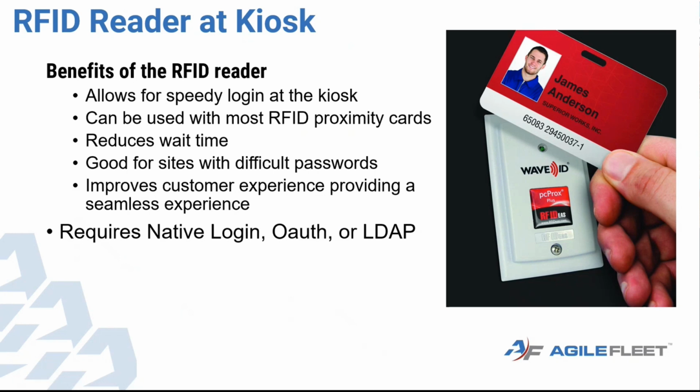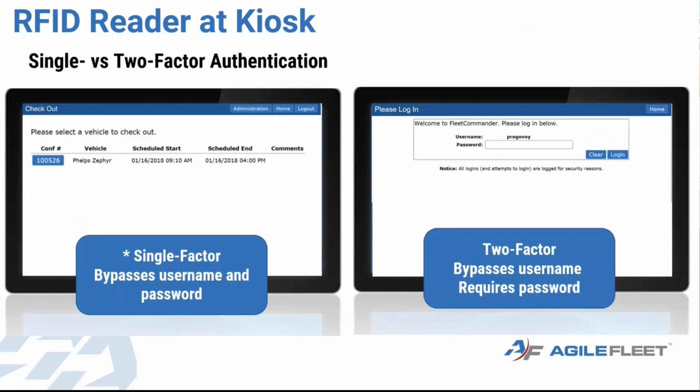That being said, you can choose two different ways to interact with the login procedure using the RFID reader. The two-factor option there on the right-hand side, when the card is swiped, will recognize the user and fill in the sign-in for that individual, but it still requires them to enter their own password.